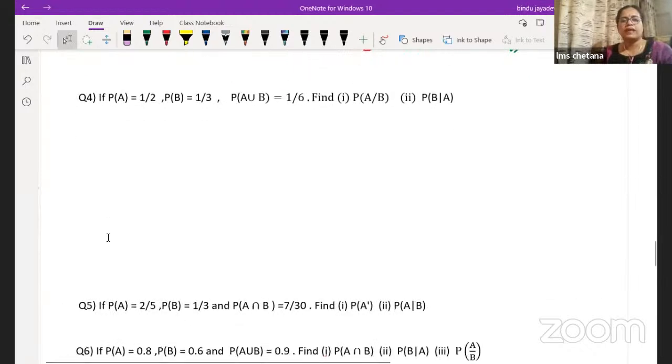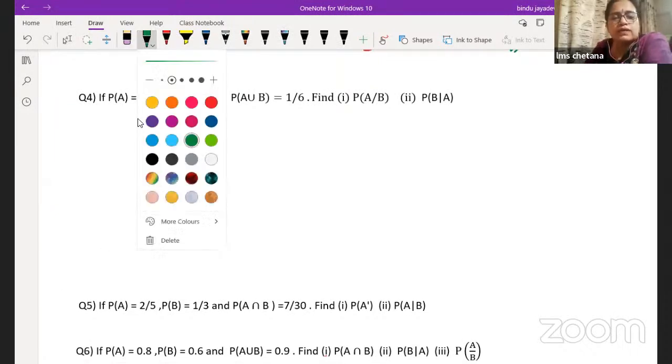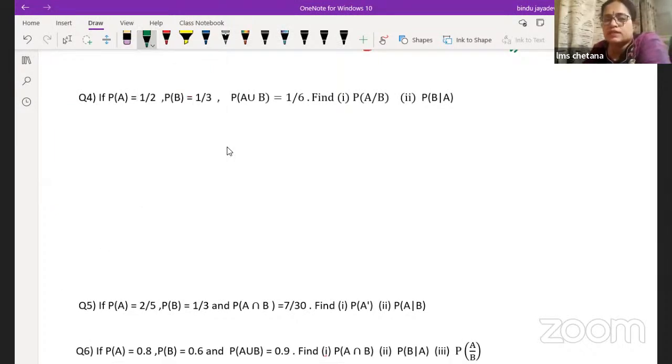This is just for you to practice, okay? What is given? What is the difference between these two questions? See, in the last example P of A was there, P of B was there, P of A intersection B, but here it is P of A union B. That means you want to find it in steps.